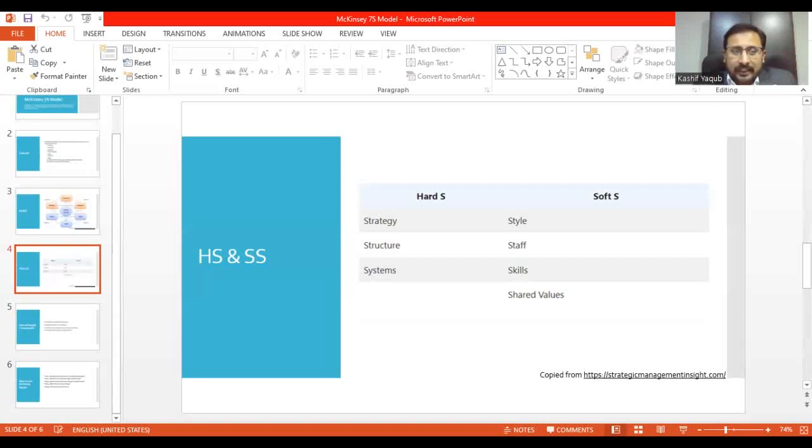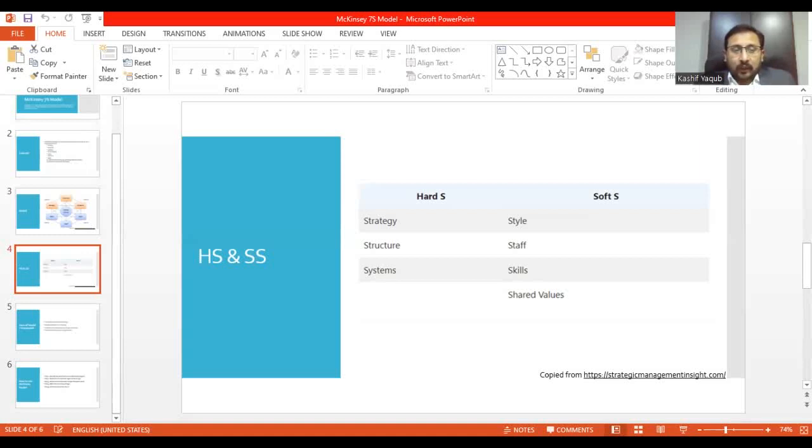You're looking at strategy, structure, systems, and then skills, staff, style, and yes, the last one is shared values. Shared values are the core of the McKinsey 7S model. They are the norms and standards that guide employee behavior and company actions, as these are the foundations of every organization.